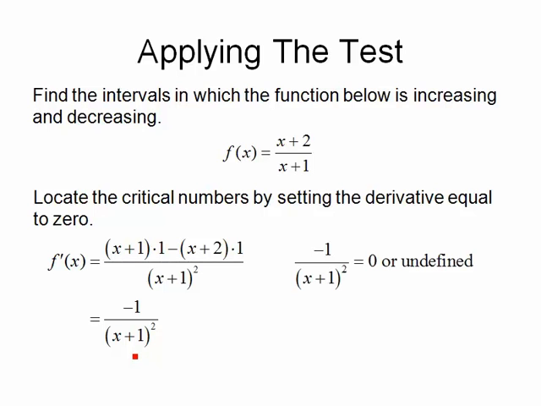To find my critical numbers, I'm going to set that derivative either equal to 0 or undefined. Now, a fraction is going to be 0 when the top's 0, and this fraction is never 0. It's always -1. So the only critical number we're going to get here is when it's undefined, and that's where the bottom's equal to 0.